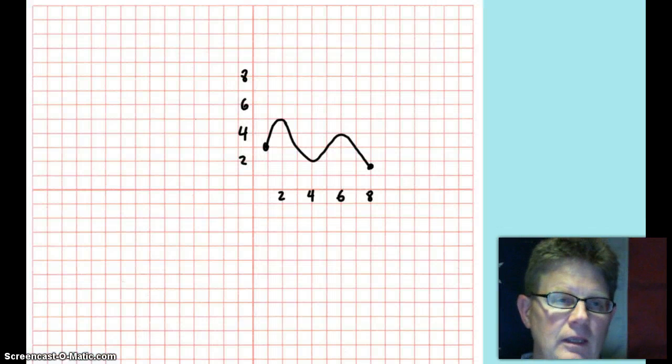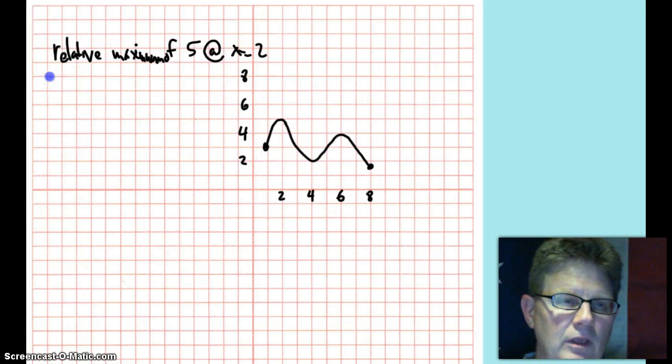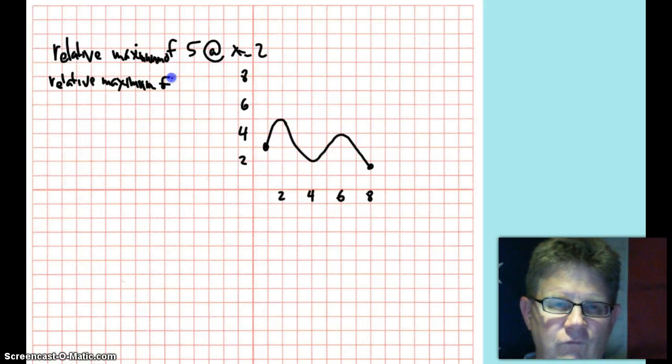Okay, we have a relative maximum of 5 at x equals 2. We have a relative maximum of 4 at x equals 6.